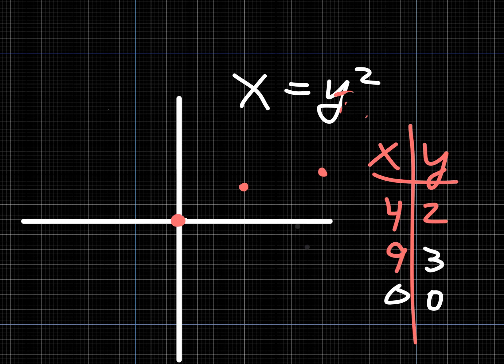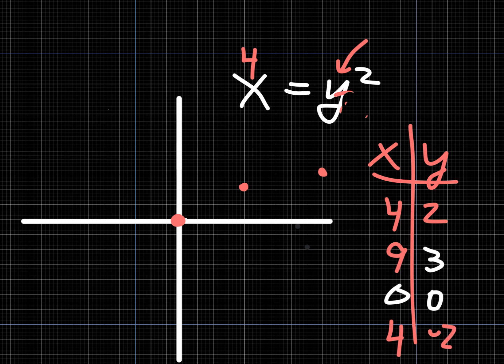Let's put in X is 4. And you might be like, well, we already figured that out. It was 2. What else could it be? If you want this to be 4, what else could you put in besides 2 that would also work? Negative 2. Very good.